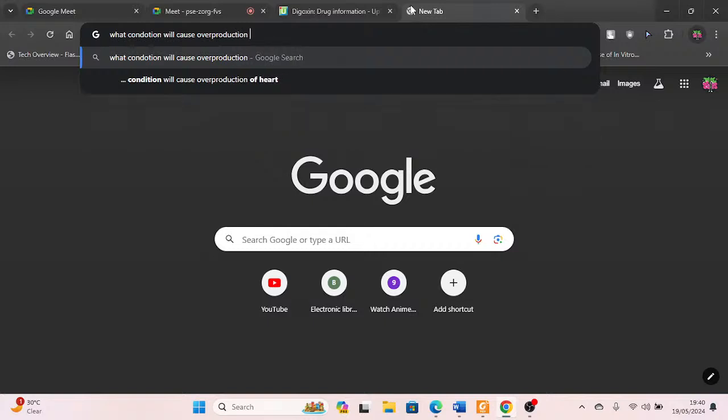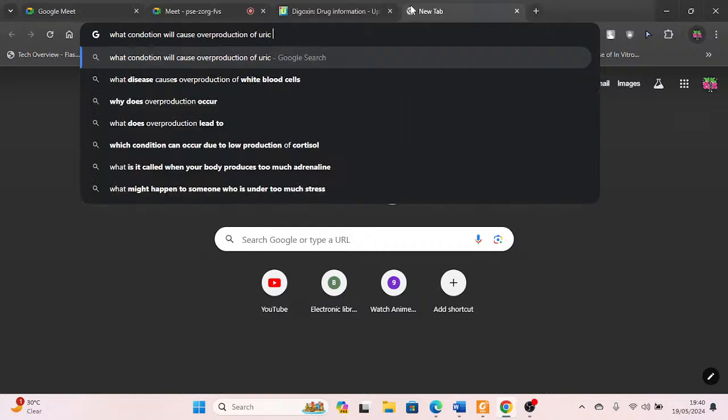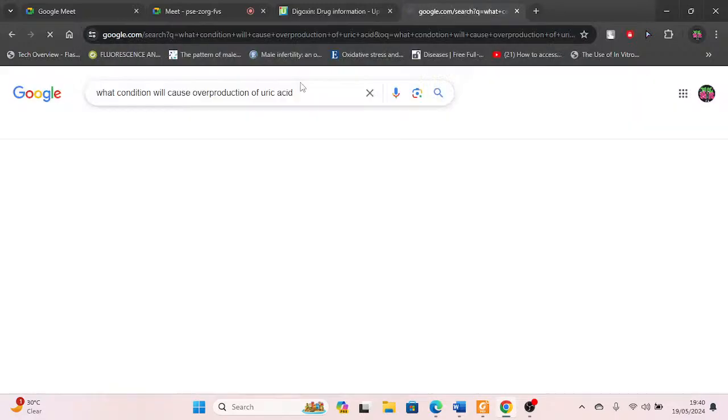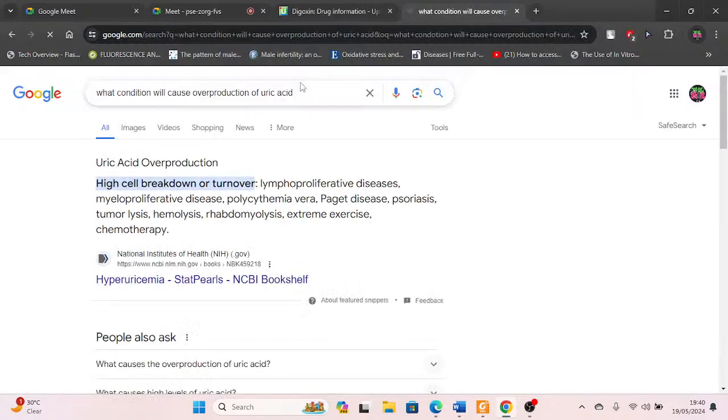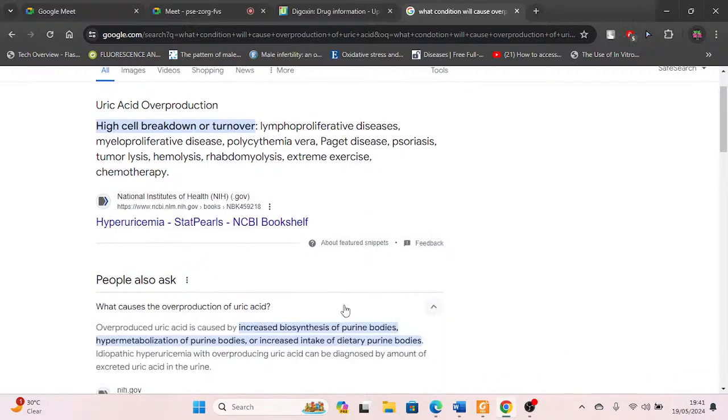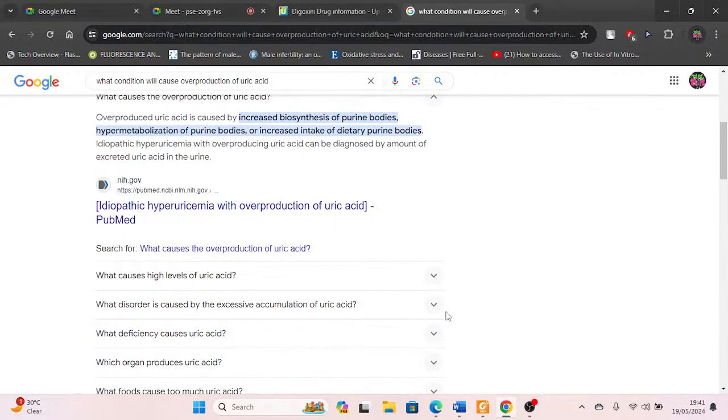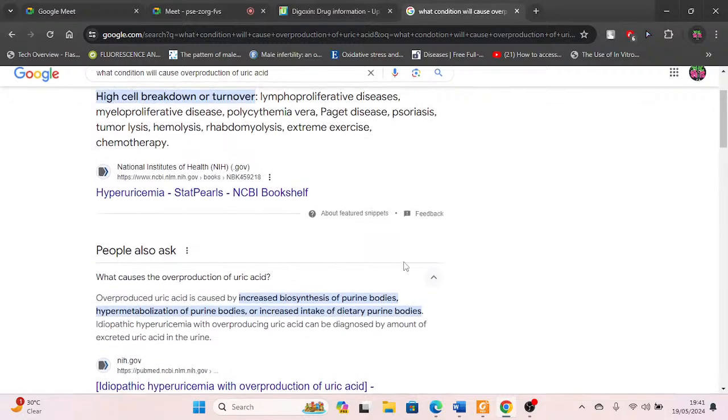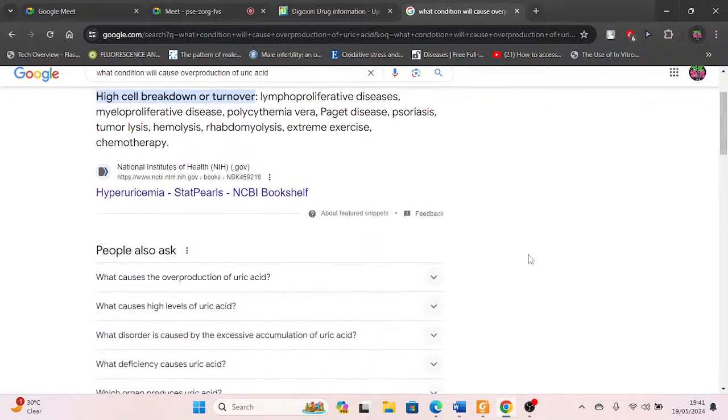Condition, hurry up. Under excretion. Which condition will cause under excretion of uric acid? Renal insufficiency.